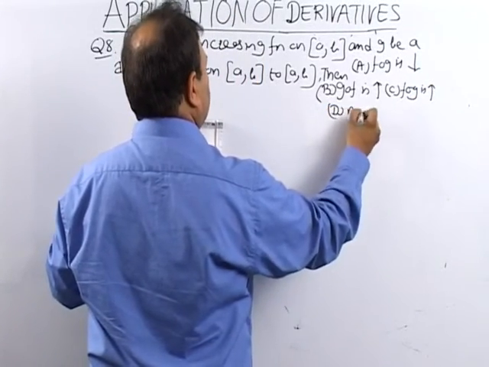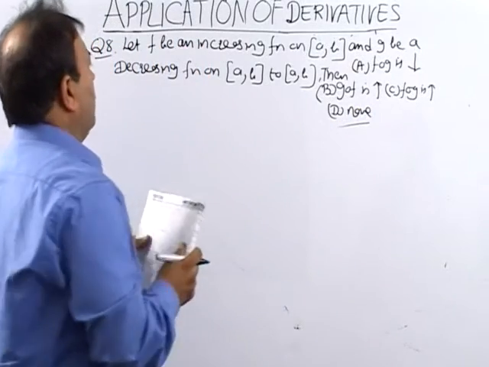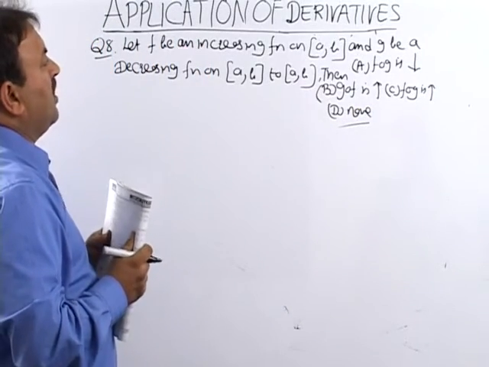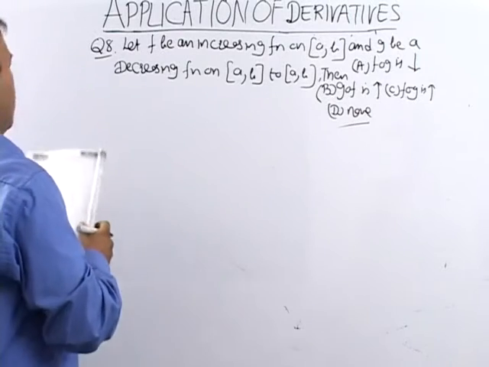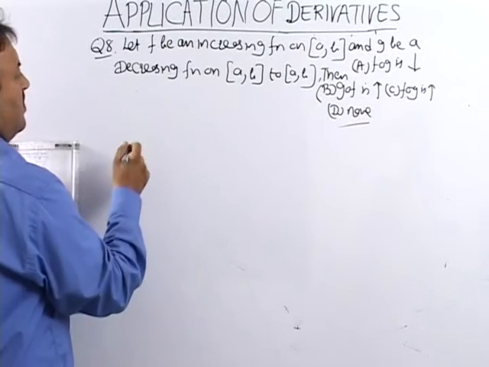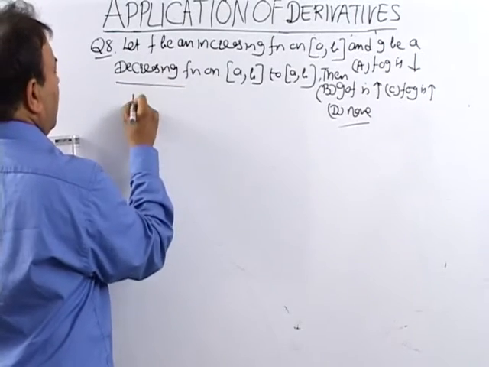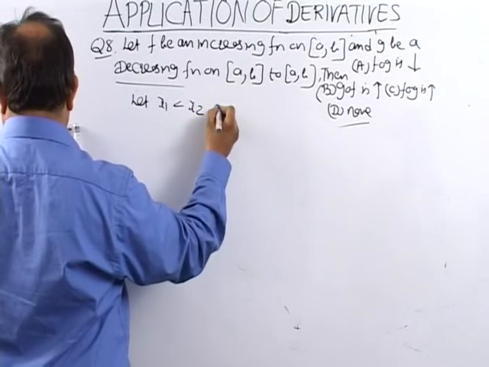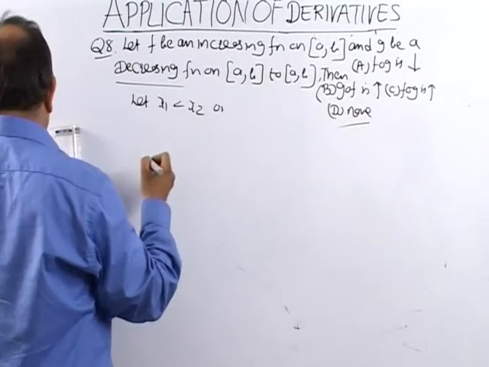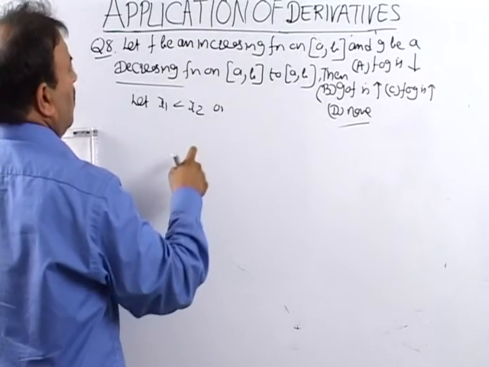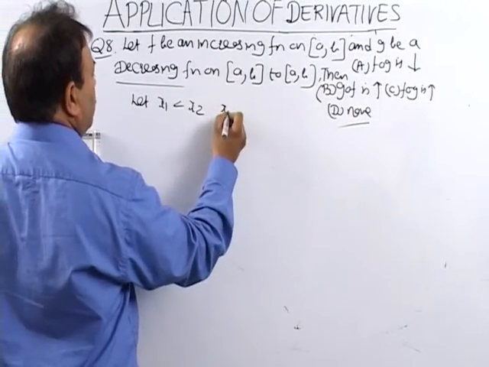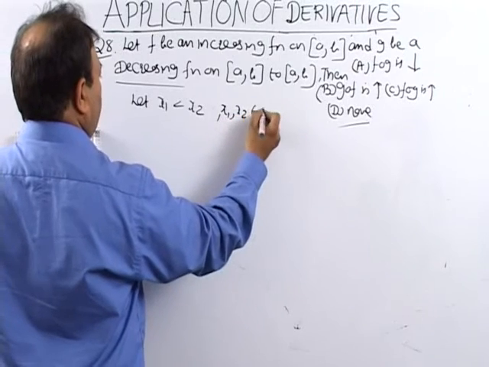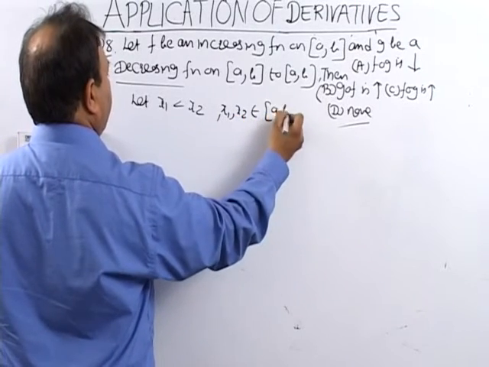And D is none of these. Let f be increasing function on AB. So we take let x1 comma x2, where x1 x2 belongs to A comma B.